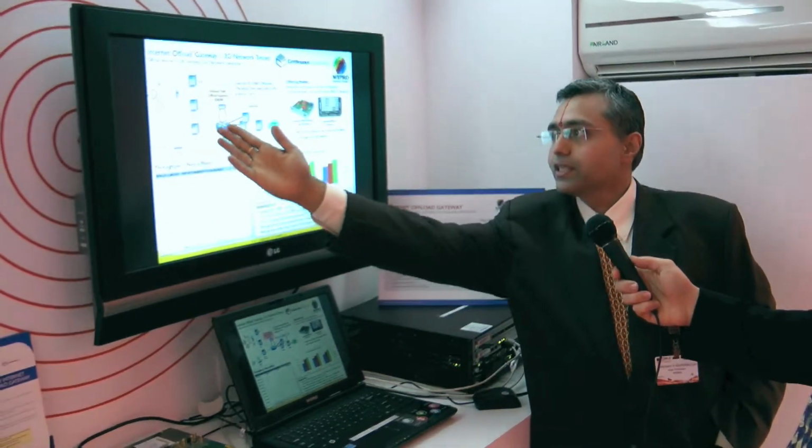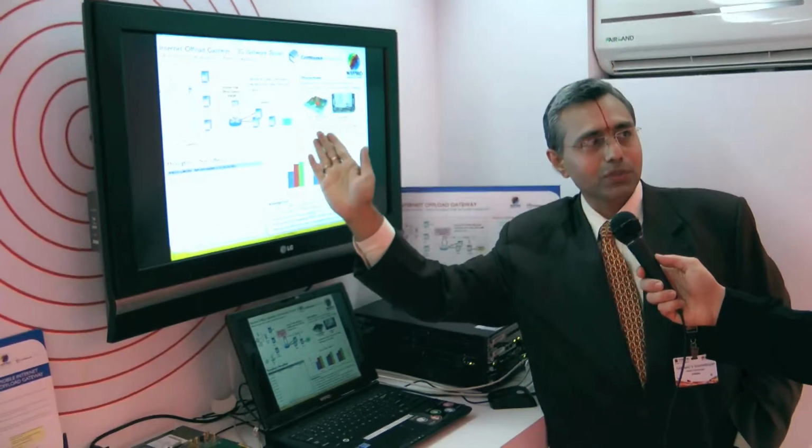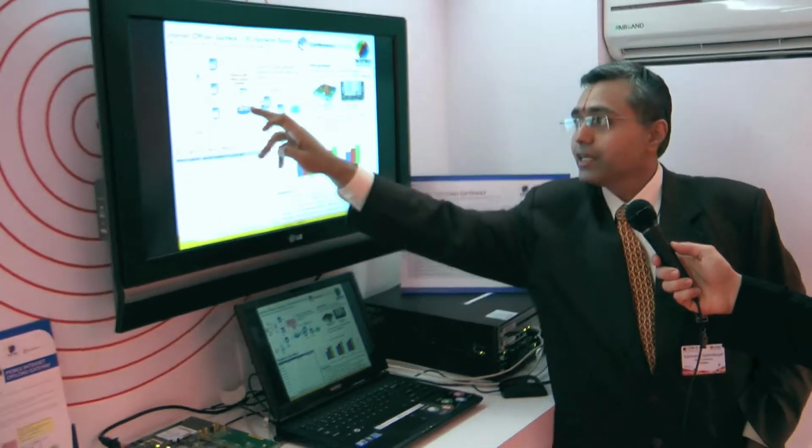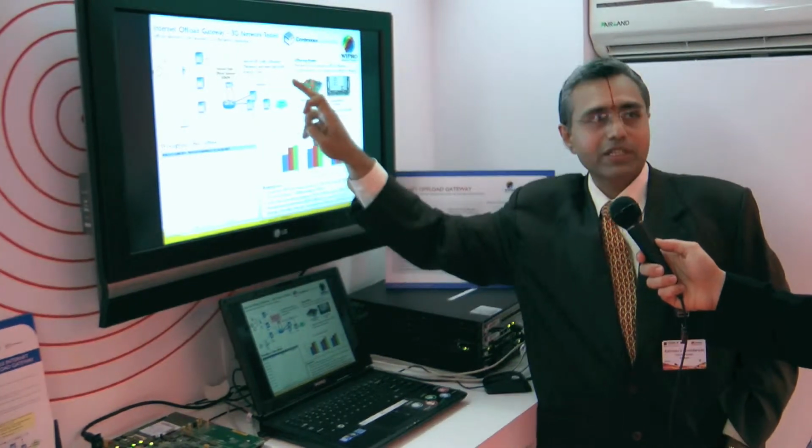One is at the access point, a Wi-Fi based offload directly at the access, freeing up the spectrum, or at the femto level, again freeing up the spectrum and providing an offload, or something that we call core network offload, taking data till the core network but not into the core network. Just before it reaches, take it off the core network and onto the internet. If you look at it, the common sense is that internet traffic need not be aggregated. So at the earliest point, we can siphon it off, and that's what the solution does.